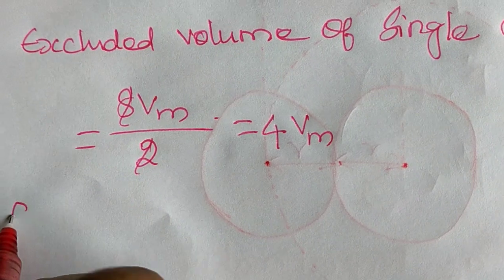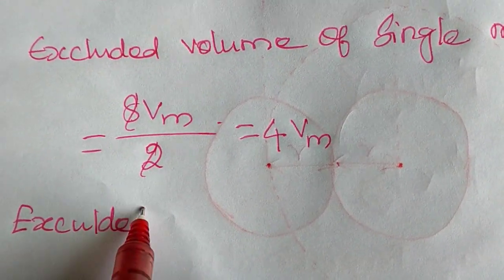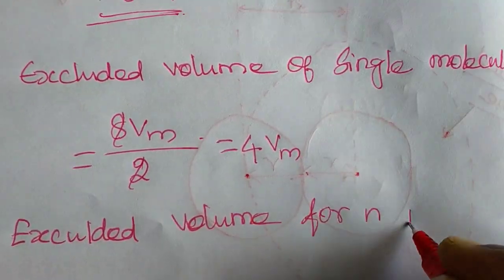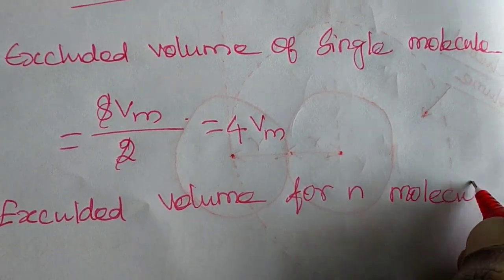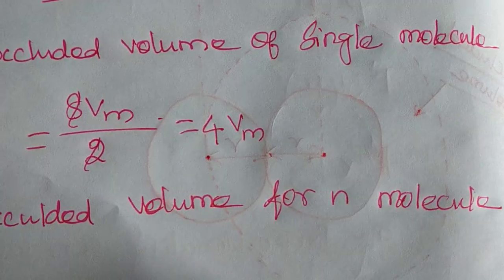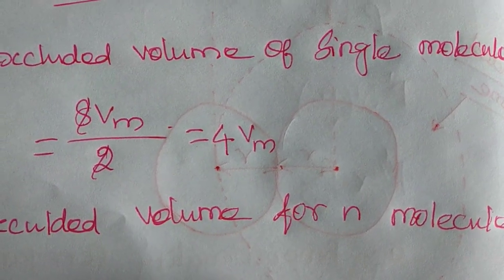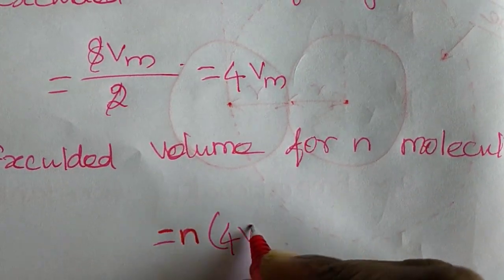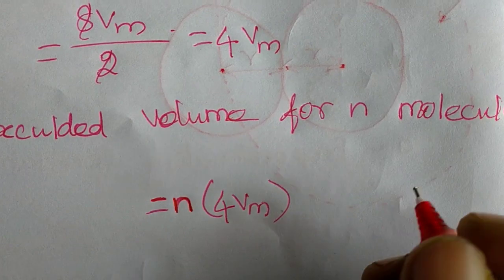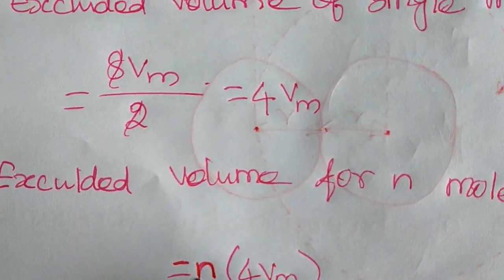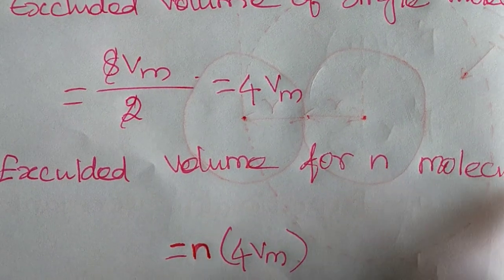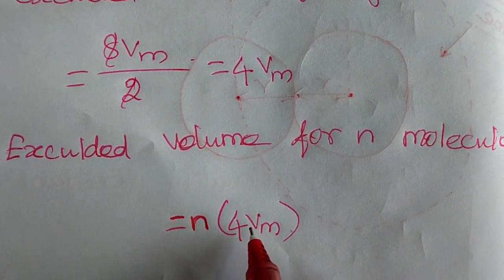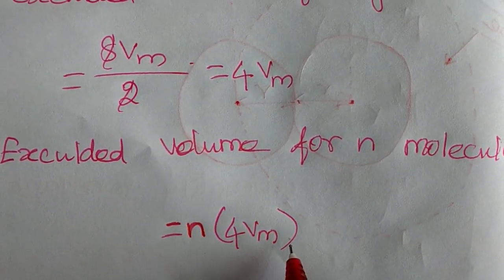The excluded volume for n molecules is n times 4 Vm, since 4 Vm is for a single molecule. So this becomes n times 4 Vm, or we can denote this 4 Vm as b.